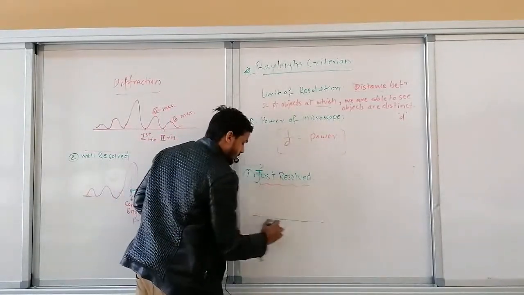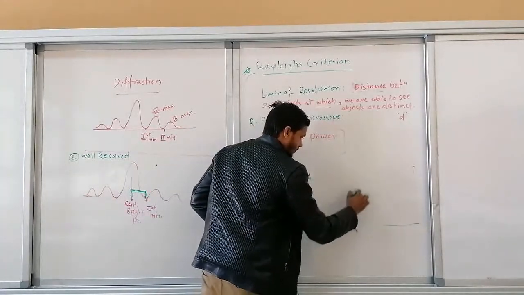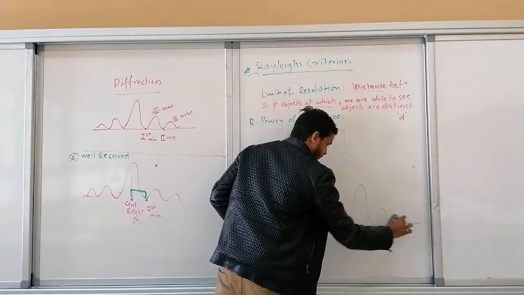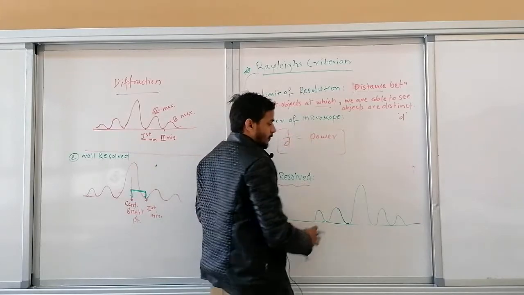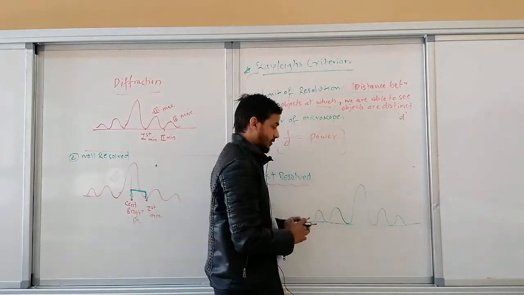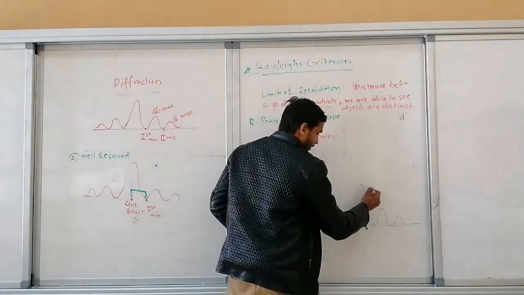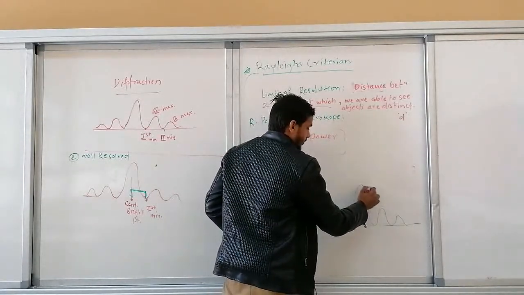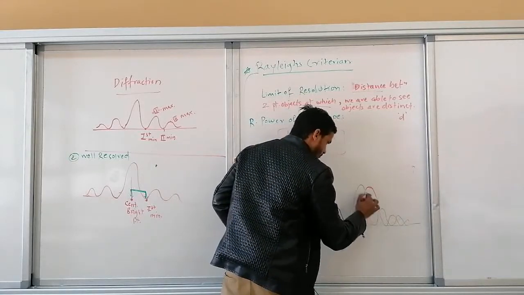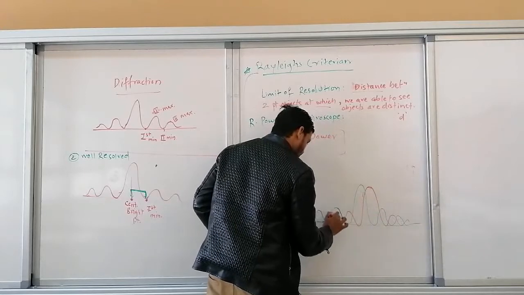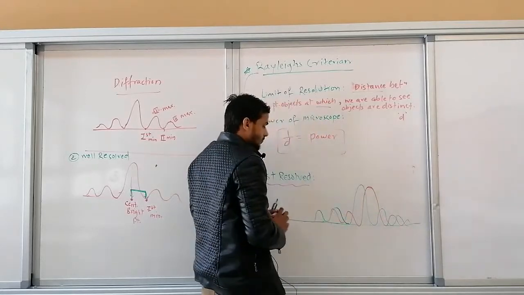So consider this is here. This is the diffraction pattern graph for the first point object, and this is the graph for the second point object.